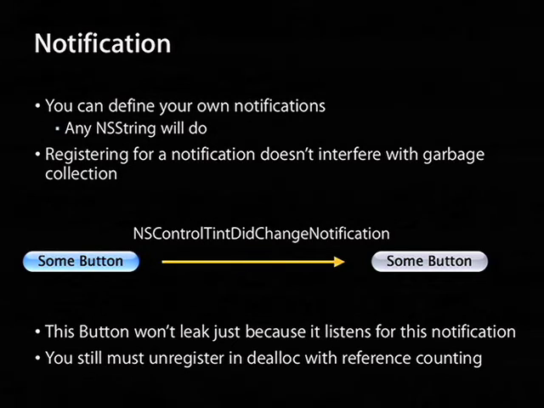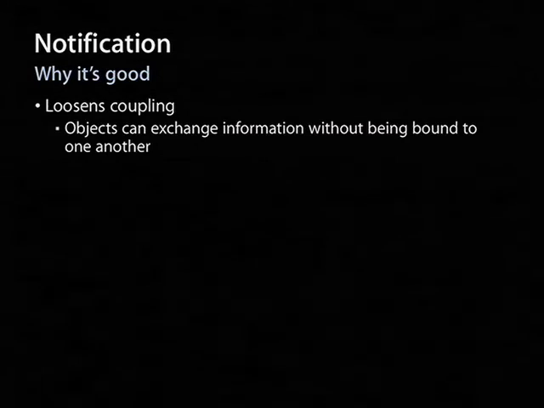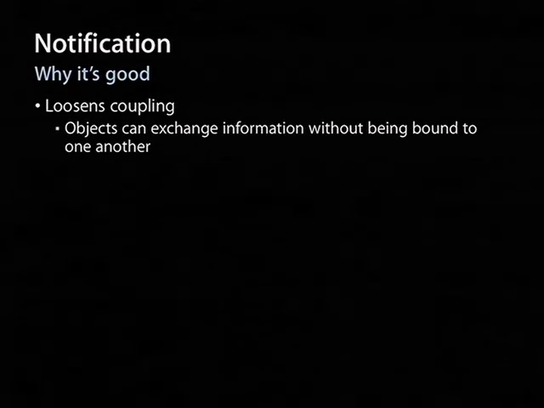Under reference counting, though, you still must unregister with the notification center. Otherwise, the notification center will try to message your deallocated object, and your application will crash. But under garbage collection, you do not have to deregister. So notifications are good because they loosen coupling between the objects, so an object can listen for a window will close notification from anywhere.